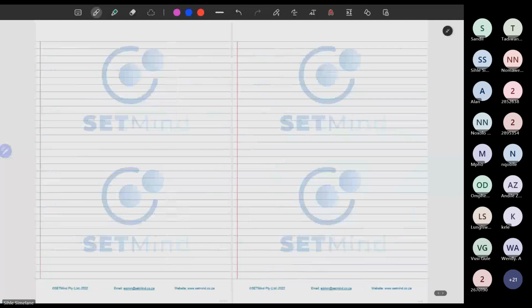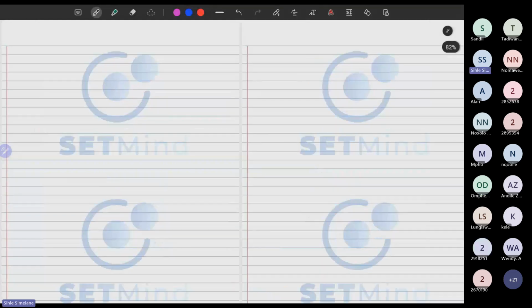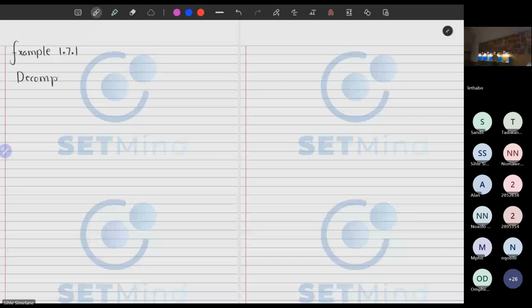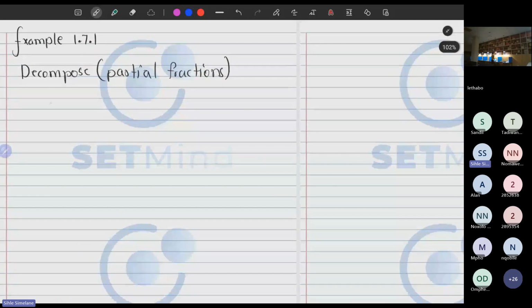Okay. So let's look at example 1.7.1. So they are saying there we should decompose. And what we're looking at is partial fractions. If you look at the question, we're given x cubed, all divided by x squared minus 2x minus 3.